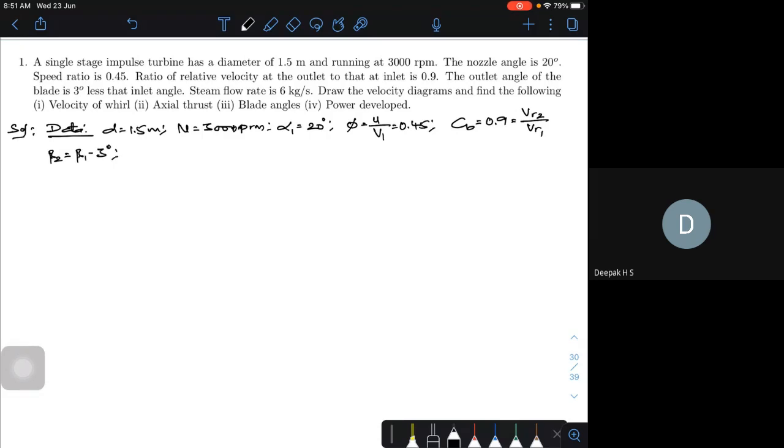Okay, then they are given the mass flow rate, which is 6 kg per second.